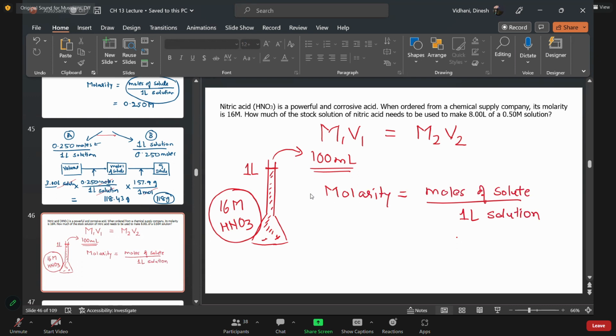I'm given a 16 molar solution, right? On this side, suppose I don't know the moles of solute that I have in 100 ml. So can I express my 100 ml as 0.1 liter?